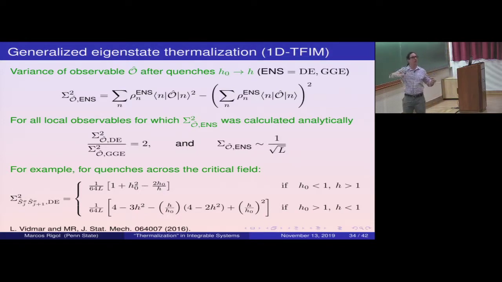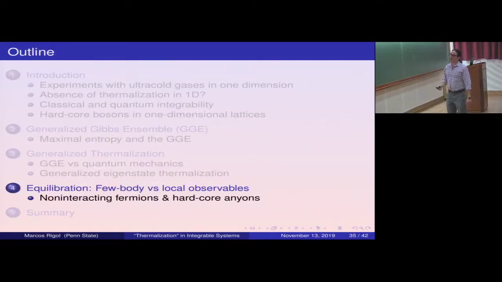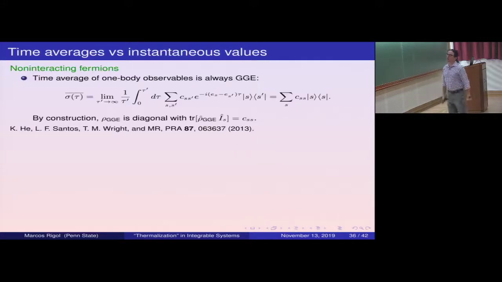So trace out n-1 particles and now take the one-body density matrix in the entire system. So it's not something local, but it still has n-1 degrees of freedom that can allow this to thermalize. And there is a place where you are going to see a big difference between non-interacting particles and hardcore particles or hardcore anyons. So let me show you that.